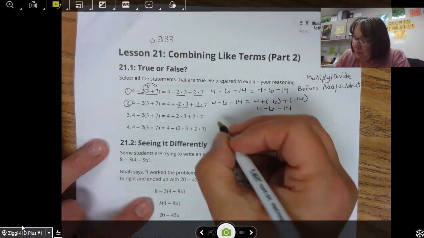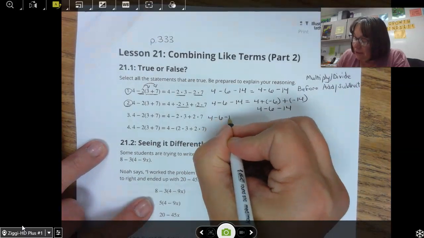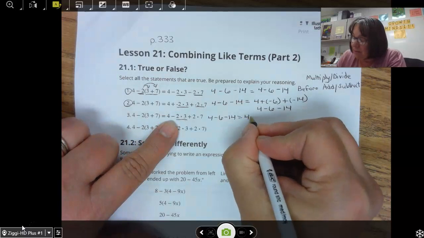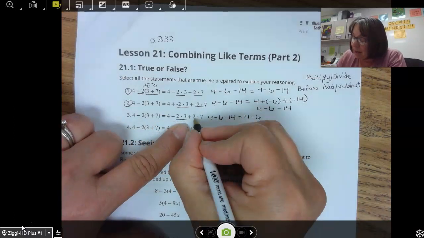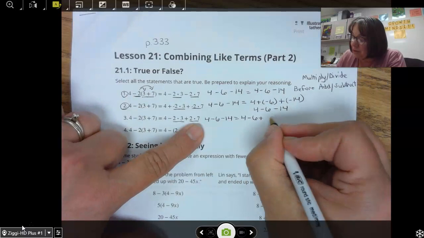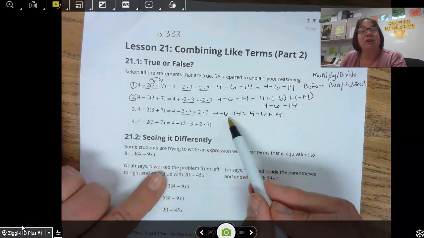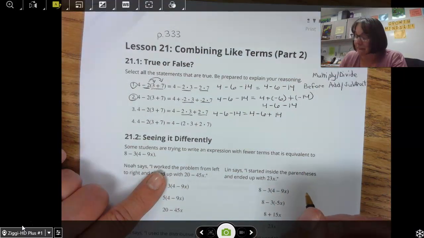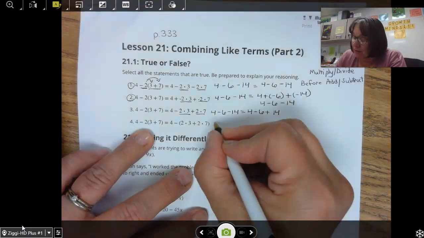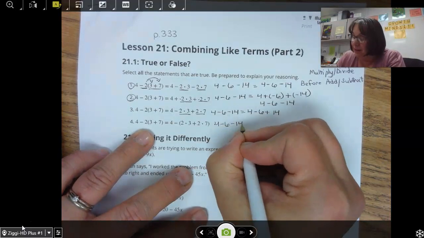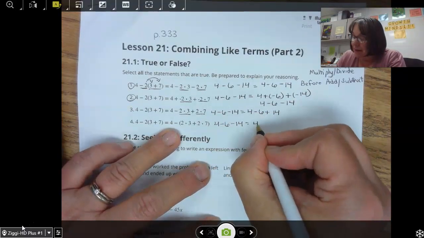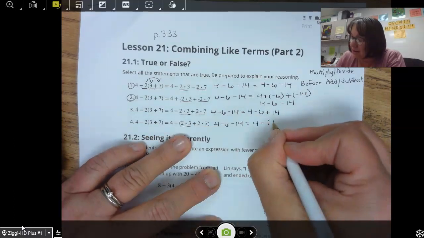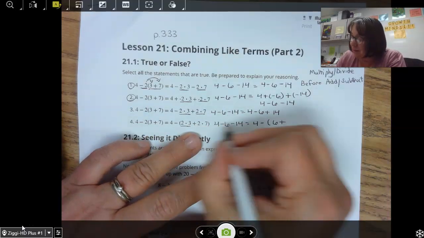Number 3, I have 4 minus 6 minus 14 equals 4 minus 2 times 3 is 6, plus 2 times 7 is 14. Okay, now I have subtraction on one side and addition on the other, so this will not be true. And let's try the last one. 4 minus 6 minus 14 is equal to 4 minus, and in the parentheses I have 2 times 3, which is 6, plus 2 times 7 is 14.